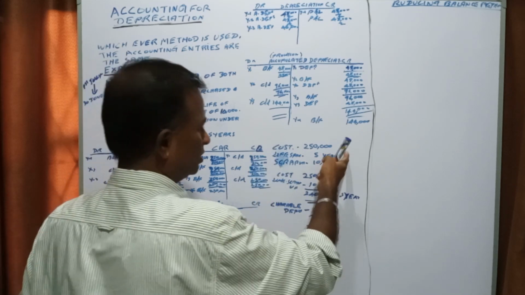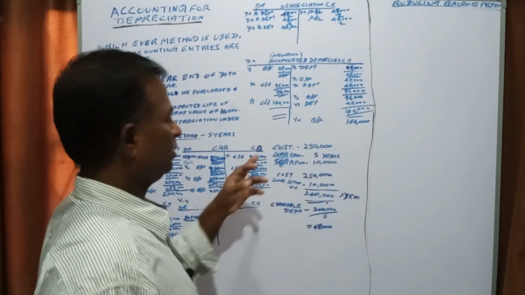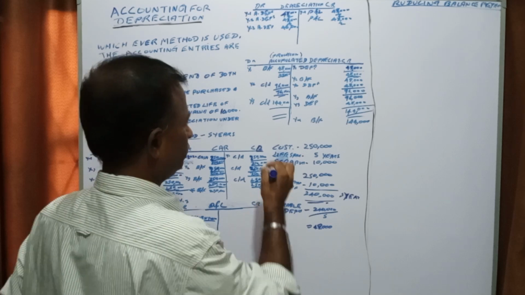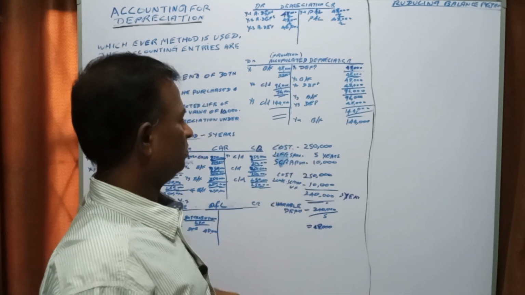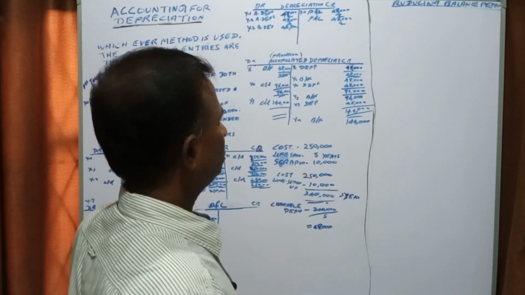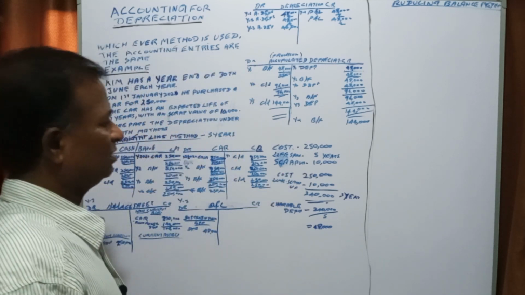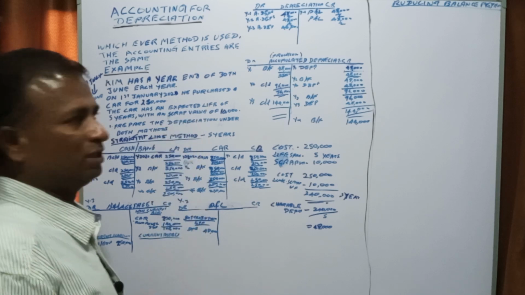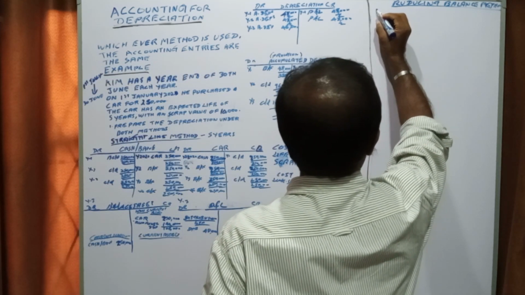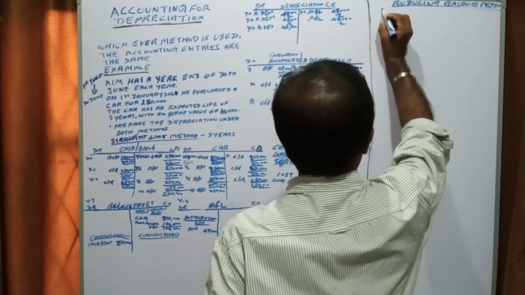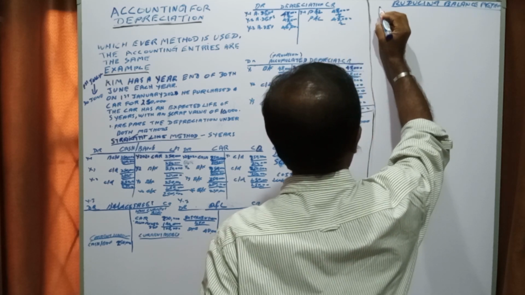We don't need to search for the lifespan information. We have to search for the cost, scrap value and the percentage at which it is depreciating. Here the depreciation policy is 20%.